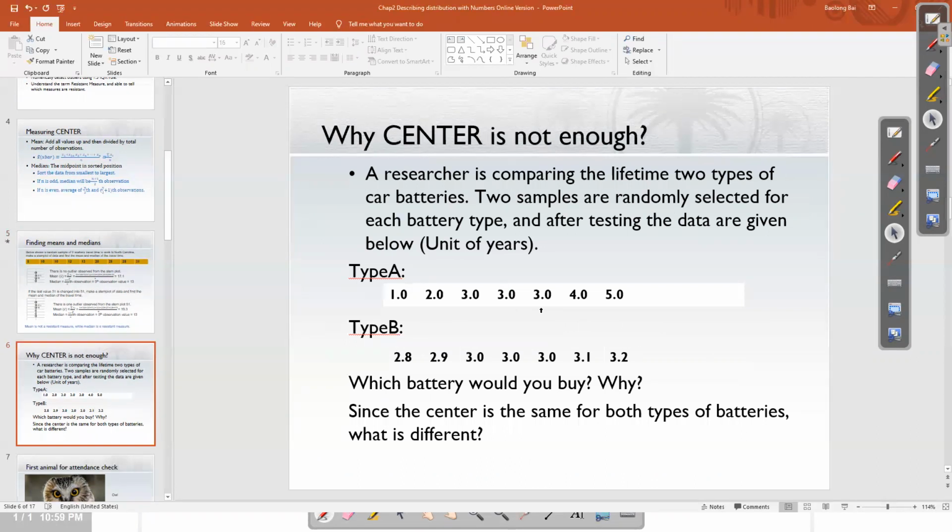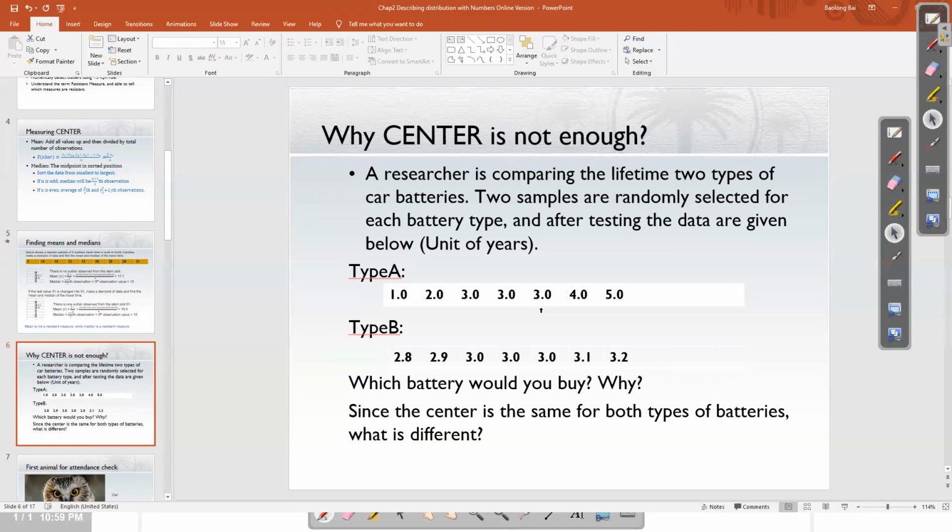So for example, when you're comparing class averages on the exam score, we just say, hey, the average of this class is 78 points and the average of the other class is 76 points, and this class is higher than that, right? So why do we not just stop after we find the center? Right. So let's use a small example to explain this. Hope that makes sense.